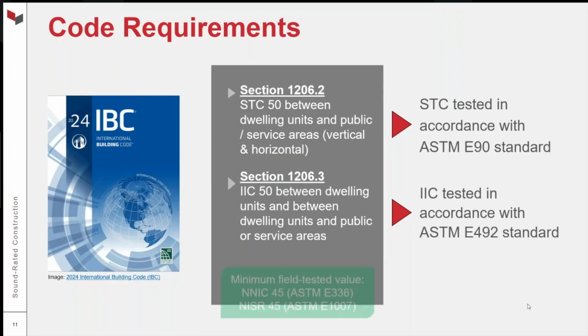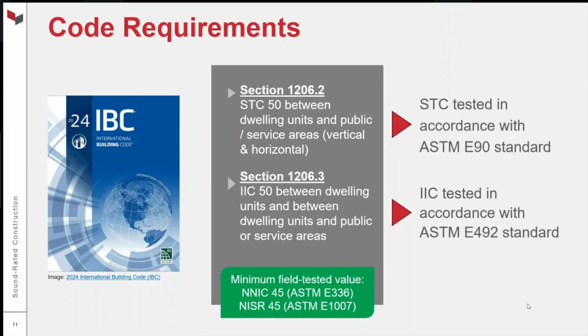I mentioned some of the field metrics before. This is where they're referenced in the IBC, in the same section. The IBC allows for field tested values to be up to 5 points lower than the laboratory tested values. So I mentioned before that if you follow best practices for sound rated construction, your field performance should be no more than 5 points lower than your laboratory values.